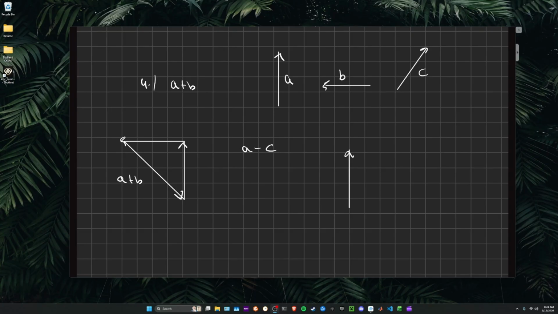So this will be, this vector A goes straight up, and then plus this vector C that goes like this. So this would be negative C. This would be A. And then this segment here is A minus C.